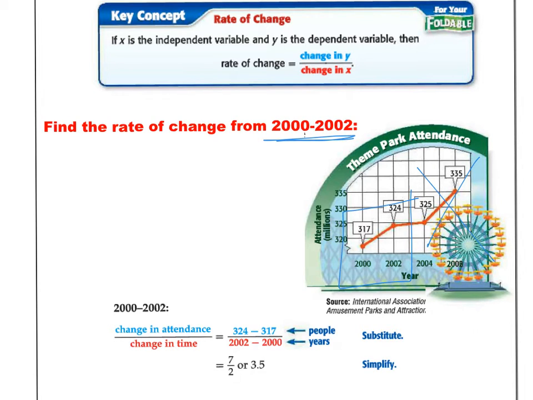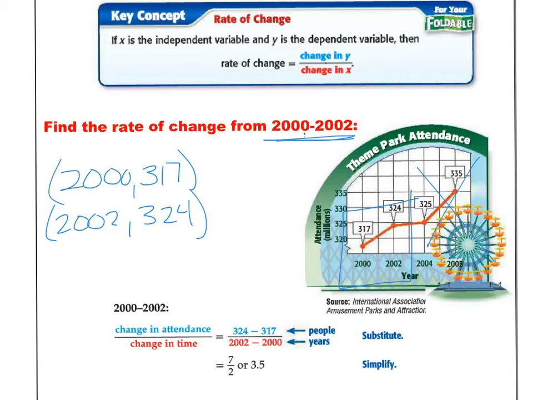So you really have, in 2000, there were 317 million attendance, and in 2002 there was 324 million in attendance. So again, you need to know that we're looking for the change in attendance over time, our y value over our x value.